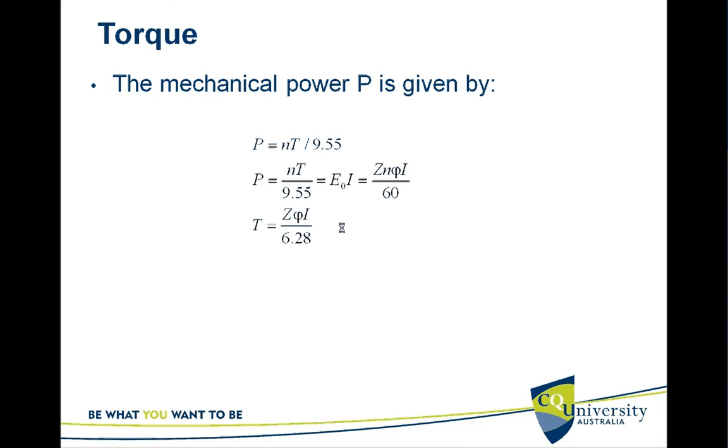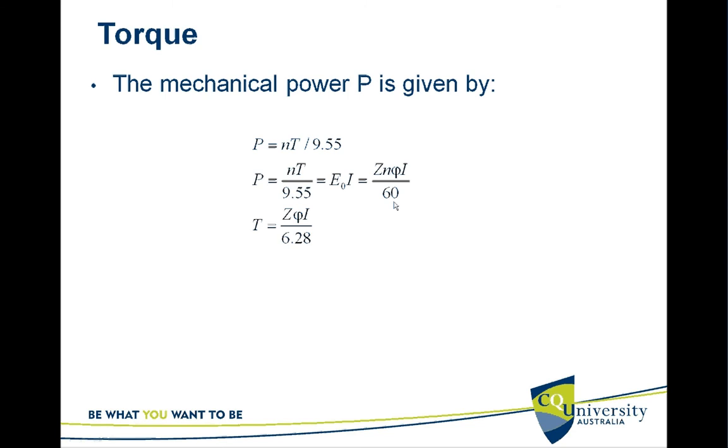Torque. The mechanical power P is given by P is equal to NT divided by 9.55, which is the same as E naught times I, because that's the power going into the system, which is the same as Z n phi I divided by 60.